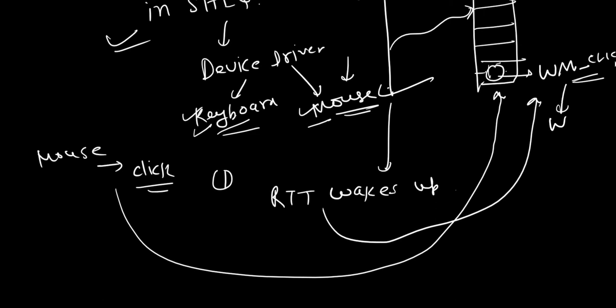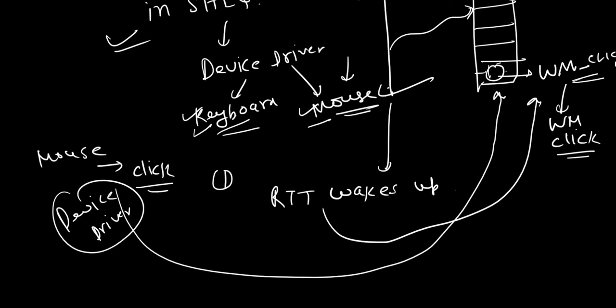So that meaningful value is WM click. So that WM click is placed here in the system hardware input queue. And who places it? The device driver. You need to keep this in mind. The device driver places this in the system hardware input queue.